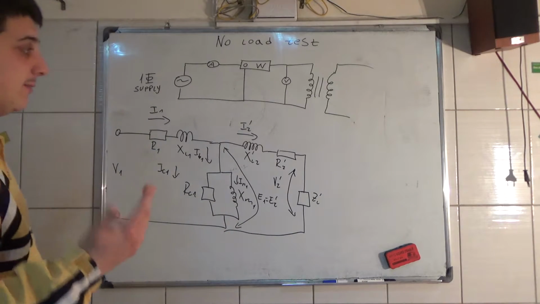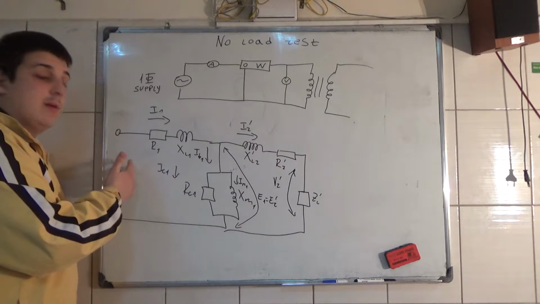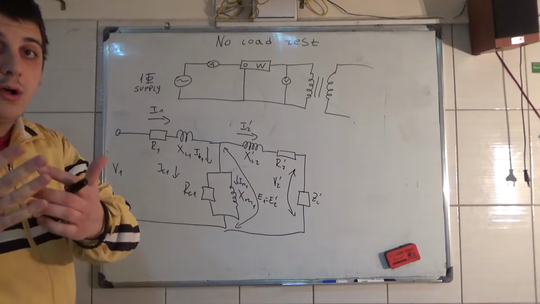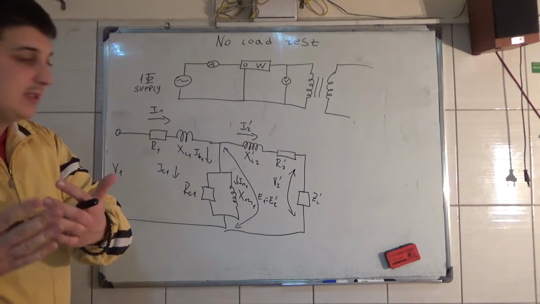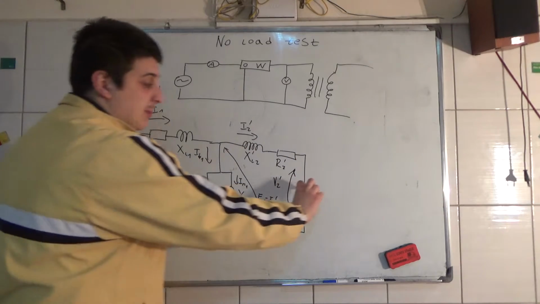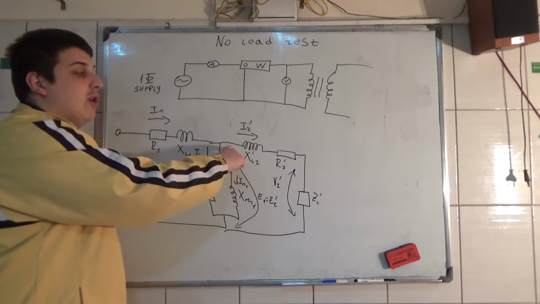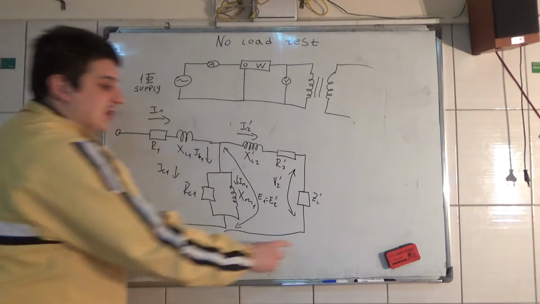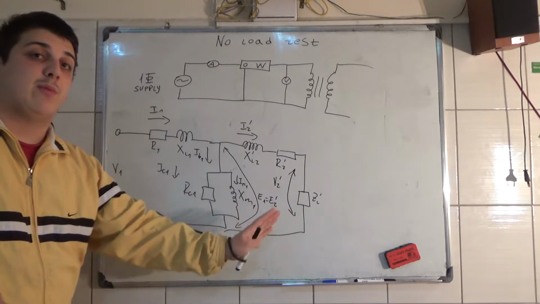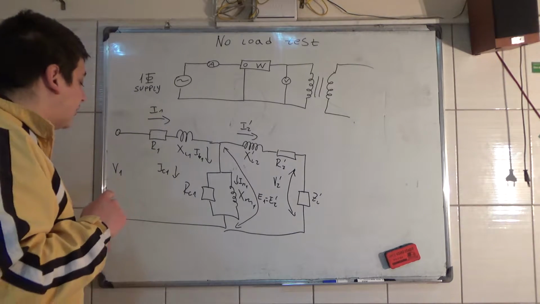Now, if we calculate it from the primary side, if it is an open circuit, then this right branch doesn't exist because we have an open circuit, and then the current is not going to flow in this direction. So in an open circuit we don't have this right branch. Now one more thing to say.